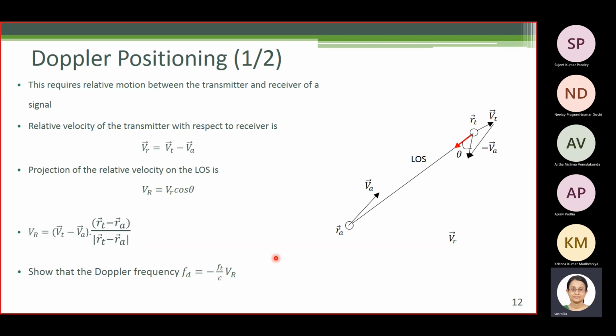Theta remains the same, right? VR will be known. VT and VA are given. So V small r is known. V capital R is given. It's a constant measurement. So theta is also given, right? Now you need to see how you can orient theta in different ways so that you will get the surface of position for which you have the same VR.